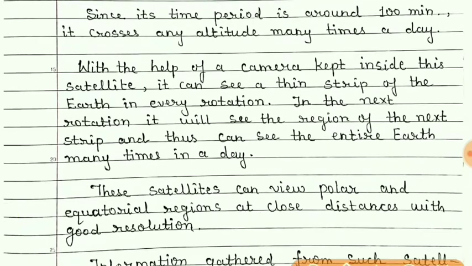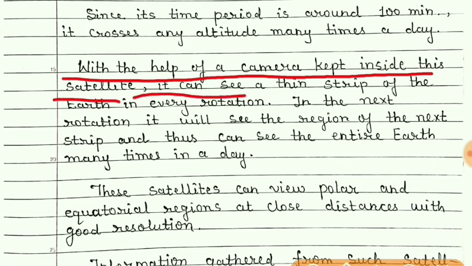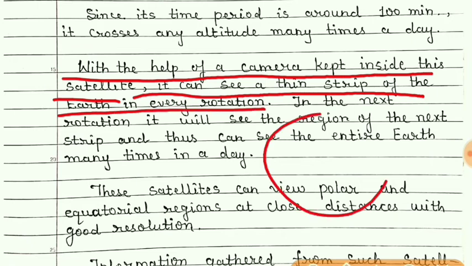And so with the help of a camera kept inside these satellites, it can see a thin strip of the earth every rotation. Because suppose this is the earth, and when it moves or rotates, it covers one strip of the earth. These cameras kept inside the satellite can take the picture of the earth in the form of a strip.